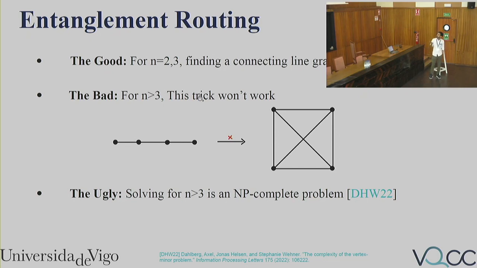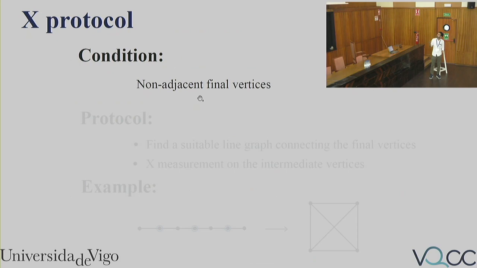So our protocol is known as the X protocol because it mainly relies on X measurements. And the condition is that the final vertices that are to be included in the final GHZ state should be non-adjacent. So what I mean by non-adjacent is that the vertices should not be connected initially by an edge in the original graph. And if the graph state satisfies this condition, then we can construct a GHZ state using this protocol.